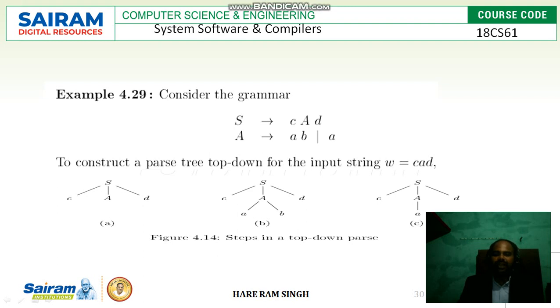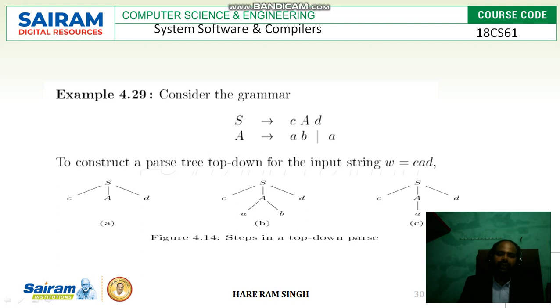So this is called left backtrack: we replace with the first derivative of the production A and match with our required string. If it is matching, we go ahead. Otherwise, we go back and do the backtracking. Whatever we have substituted, we remove it and write the other derivative.